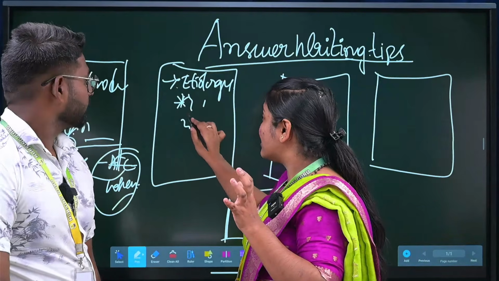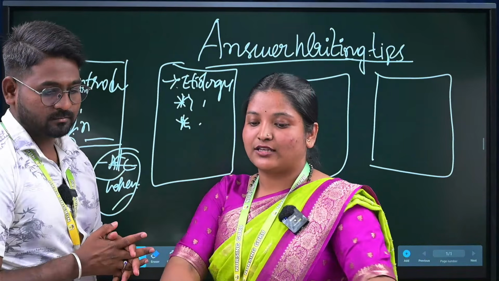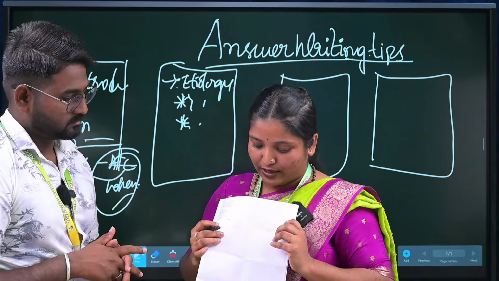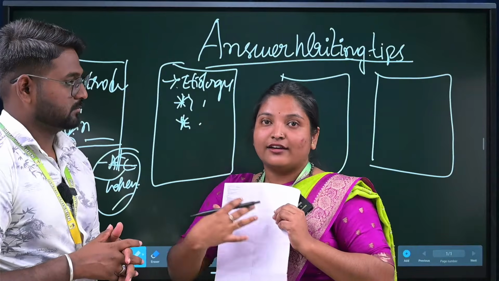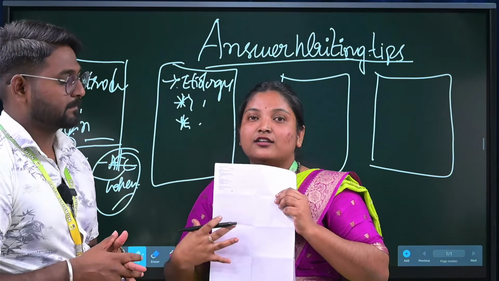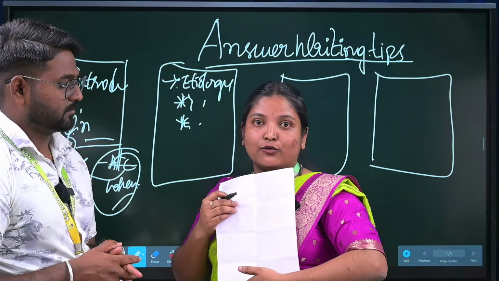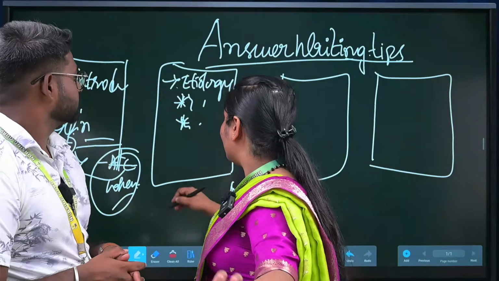Point out each and every cause. You should understand how much page you want. Suppose we have a page like this, one page will be there over here. You have to know where to write, what to write, and how much you can write. That matters a lot. So you have to plan beforehand while writing the answer. That is what you have to focus on more.